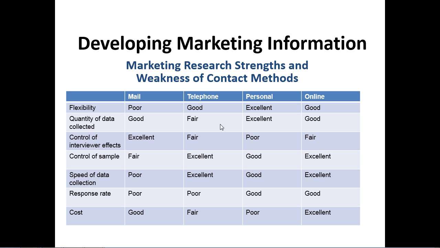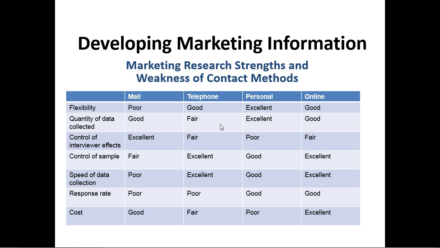The quantity of data collected, personally, I think when we think about the actual quantity in terms of number, I'd probably say online. I would probably flip online and personal. I think online is a great way to get good quantity. Now, the question is, how good is the quality?